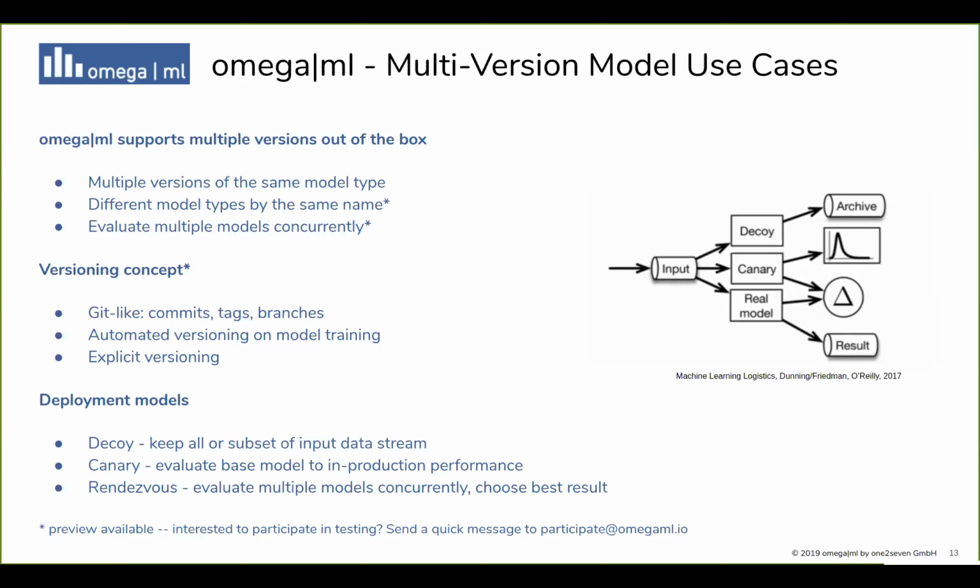As a third part, there is a streaming component in OmegaML where you can define a stream function, and that stream function can execute any logic that you like, including running multiple model versions and then taking a decision on that. A stream function basically receives a batch of data.